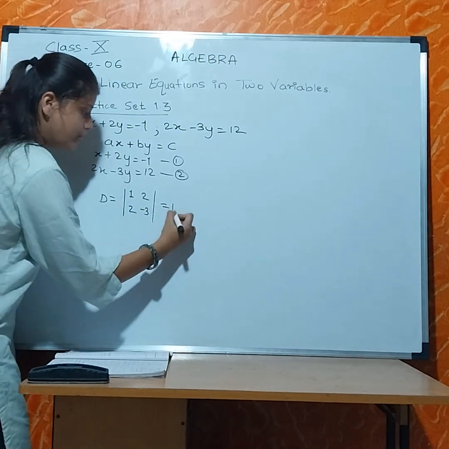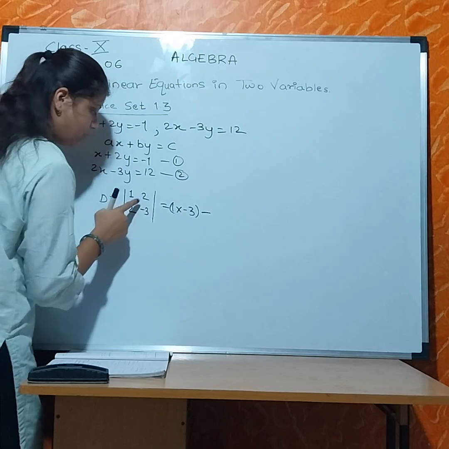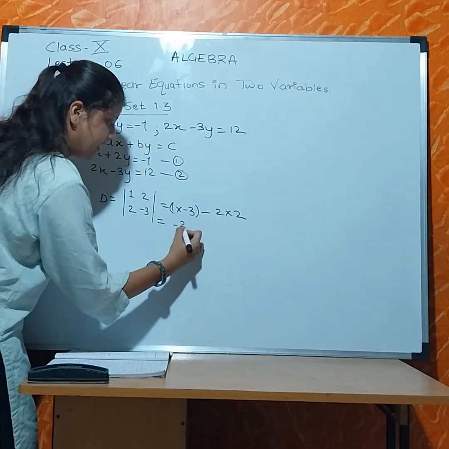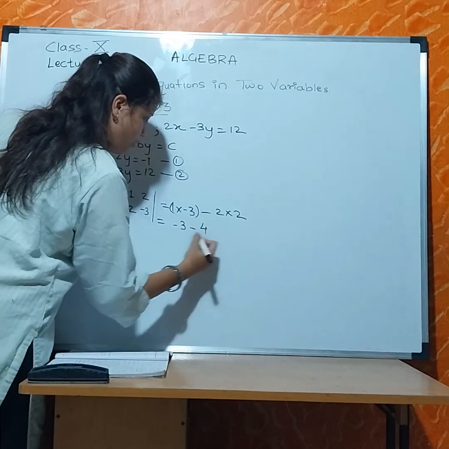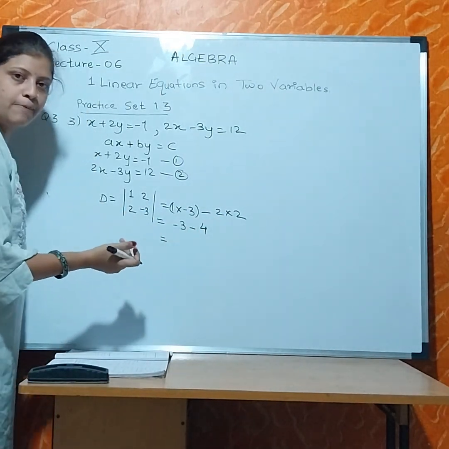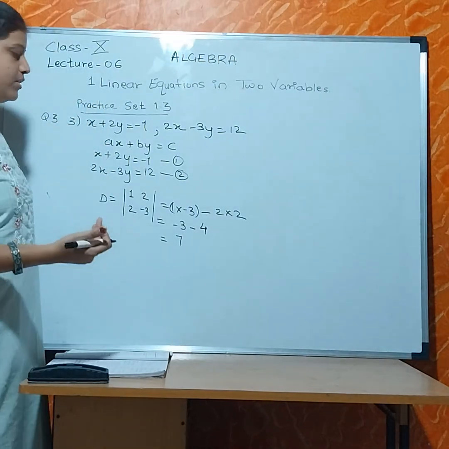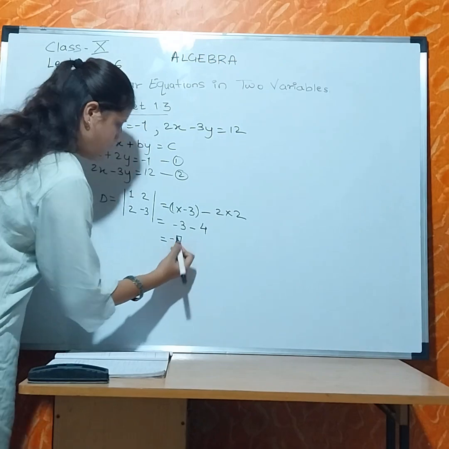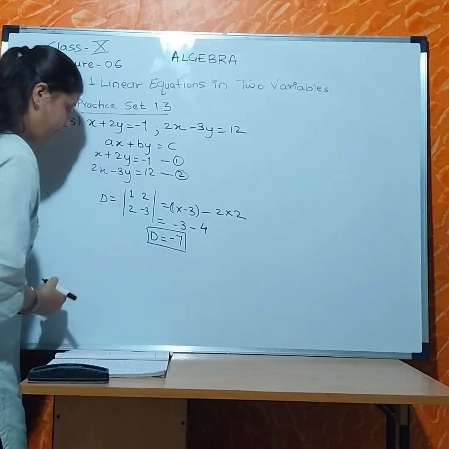Next, 1 into minus 3 minus 2 into 2. 1 into minus 3 is minus 3, minus 2 into 2, 4. So minus minus becomes plus. 3 plus 4 is 7. But remember, the larger number's sign is negative. So we have to give the sign minus here. So the value of d is minus 7.